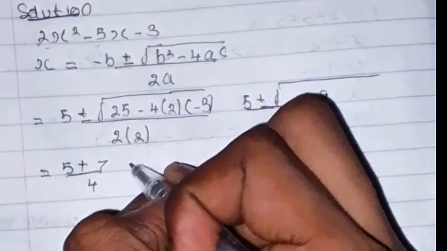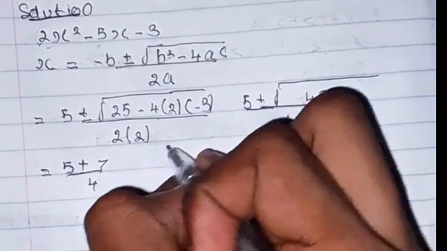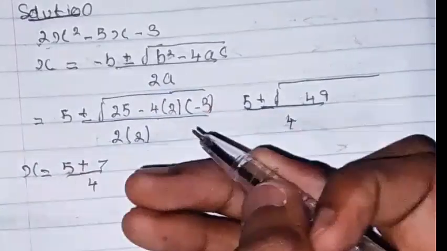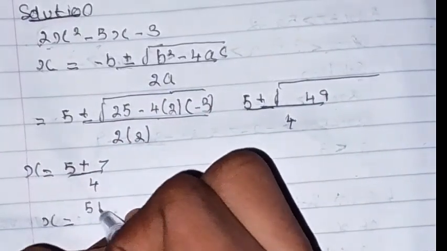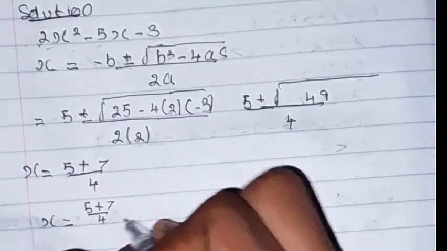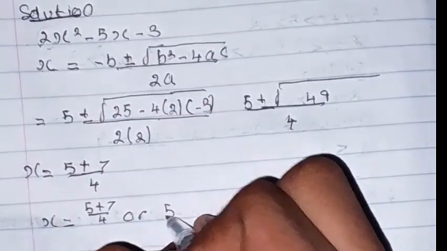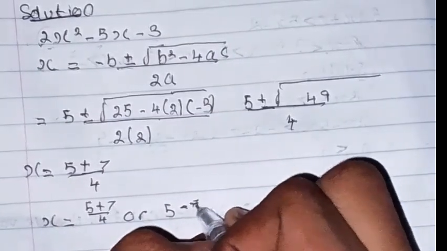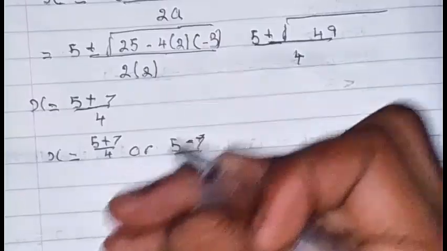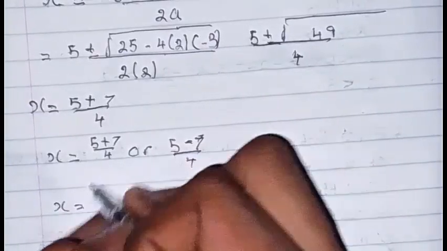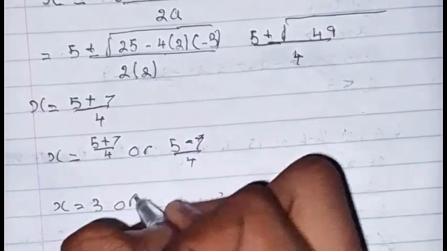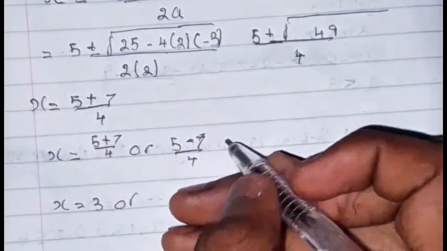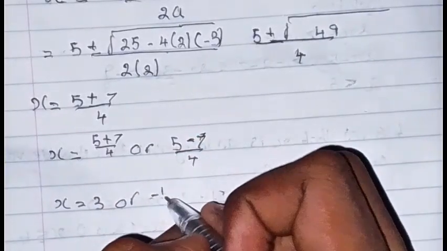So x is equal to 5 plus 7 divided by 4, or 5 minus 7 divided by 4. 5 plus 7 gives us 12, and 12 by 4 is 3. Or 5 minus 7 is minus 2, and minus 2 divided by 4 is minus half.